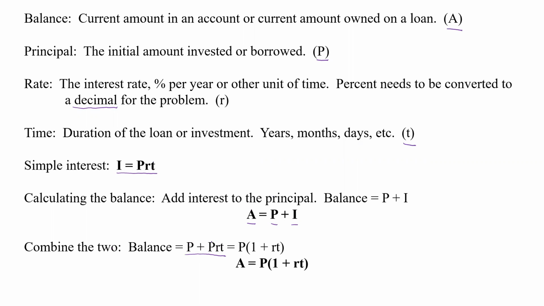Now we can be tricky, since P is the common term in both, we pull it out front, so it's P, and what's left is 1 plus RT. And so we get the final formula: A, our balance, equals the principal times the quantity 1 plus RT, and that will give us directly our new balance if we know the principal, the rate, and the time.